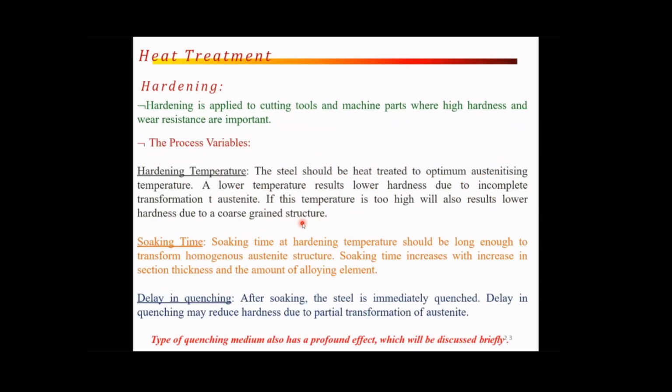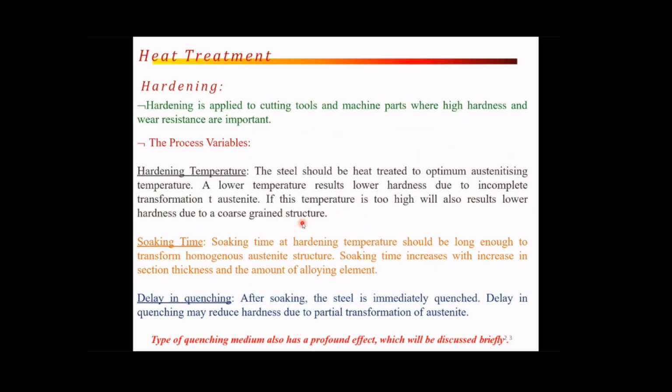Hardening is applied to cutting tools and machine parts where high hardness and wear resistance are important. All the machine tools like cutting tool, parting tool, grooving tool, and some milling machine tools are hardened. So hardening is widely applied for all machining process tools.